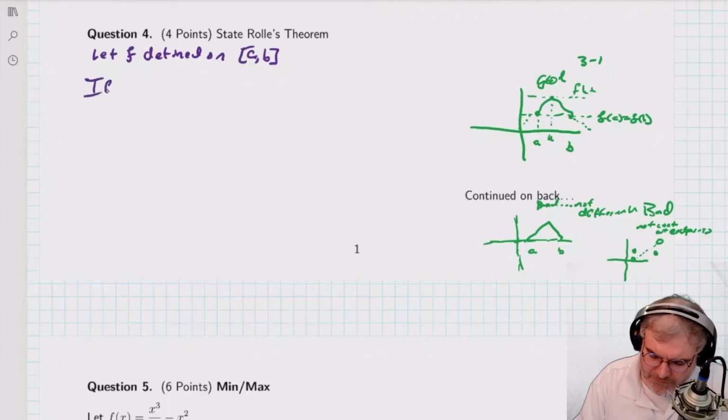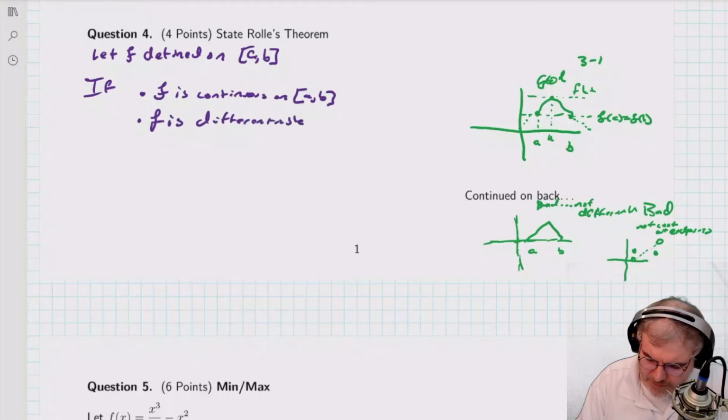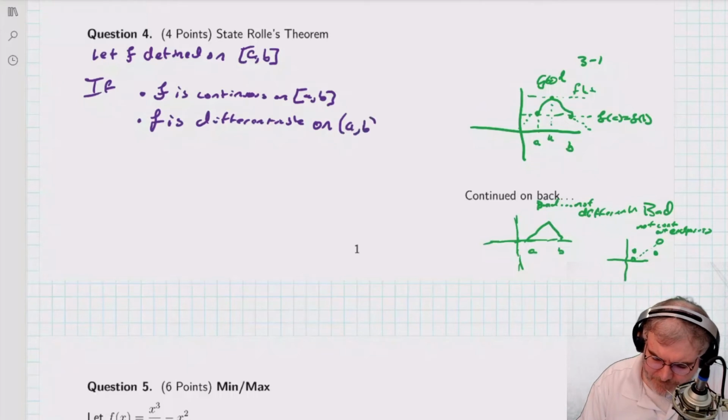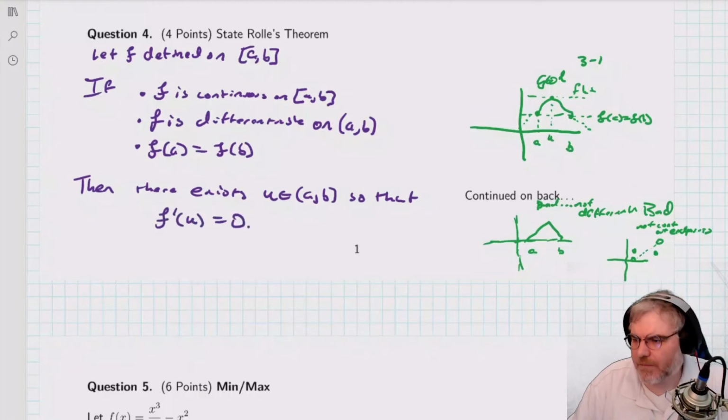If f is continuous on [a, b], f is differentiable on the open interval (a, b), and f of a equals f of b, then there exists u in (a, b) so that f prime of u equals 0. All right. So 1 to 5, how do we feel about that?